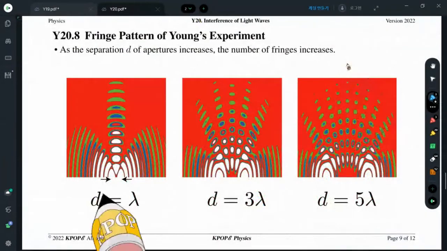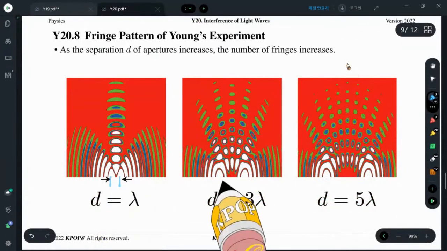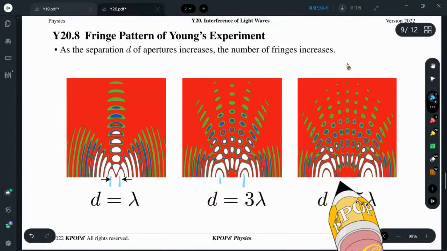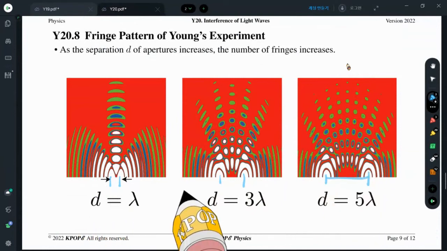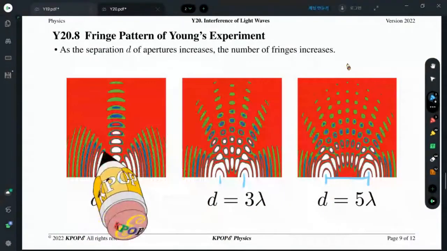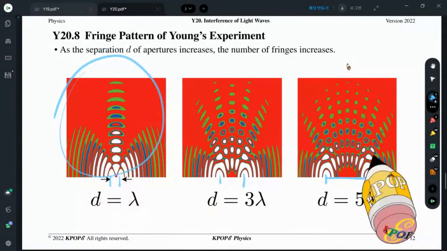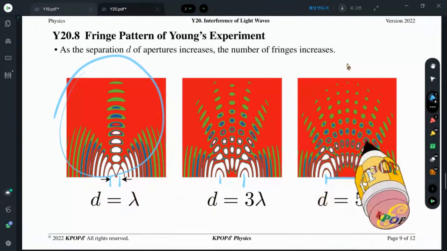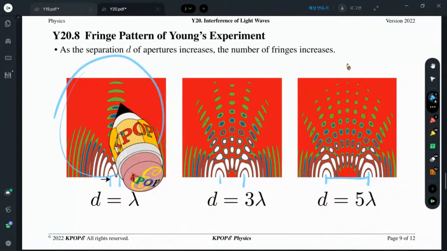For example, we have d. You will find the diffractive pattern. This one is more diffractive and this one less diffractive. You have many fringes in here. This fringe is very wide.